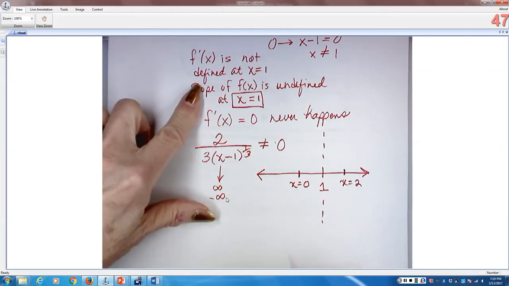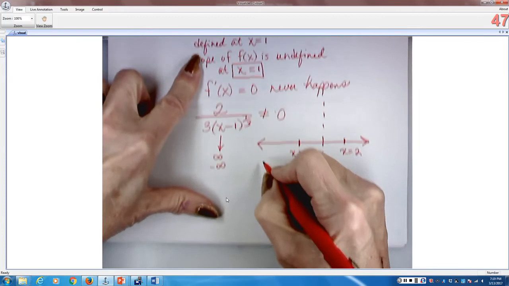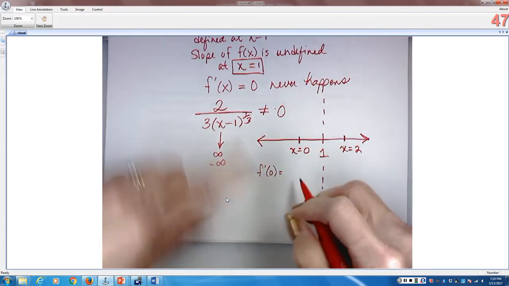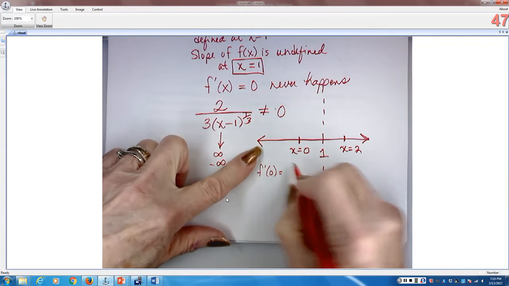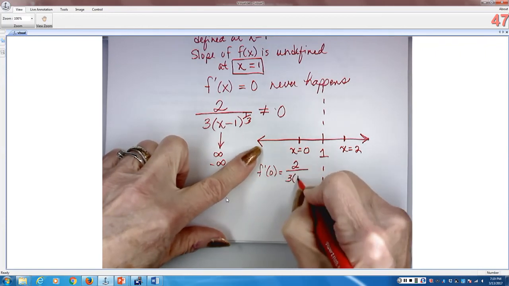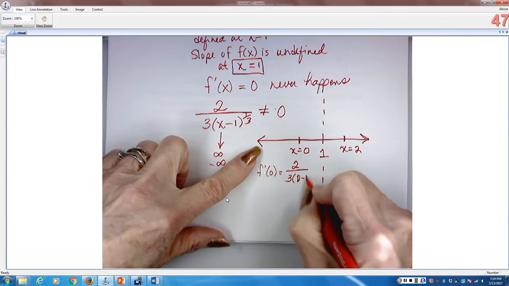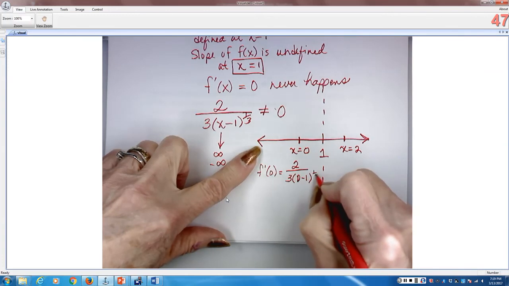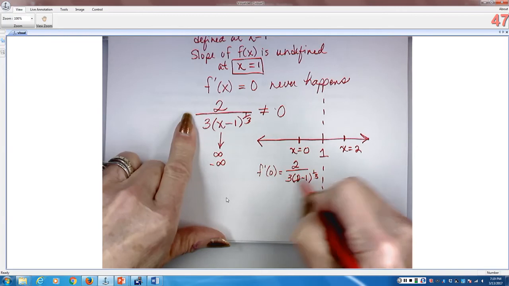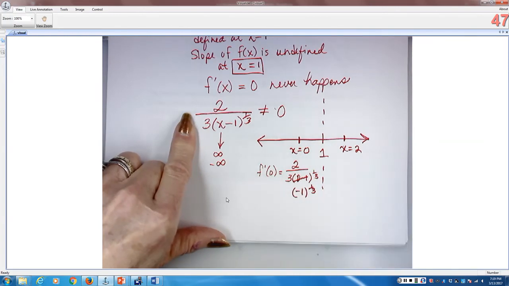So f prime of 0 is 2 over 3 times 0 minus 1 to the 1/3 power. 0 minus 1 is negative 1 to the 1/3 power.